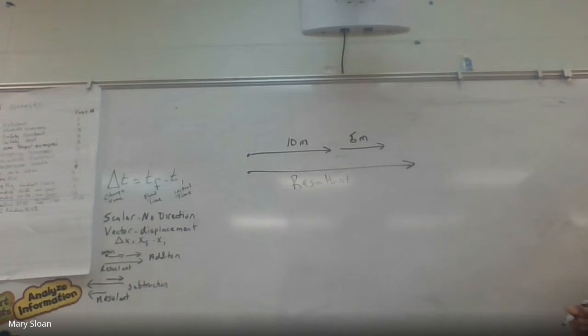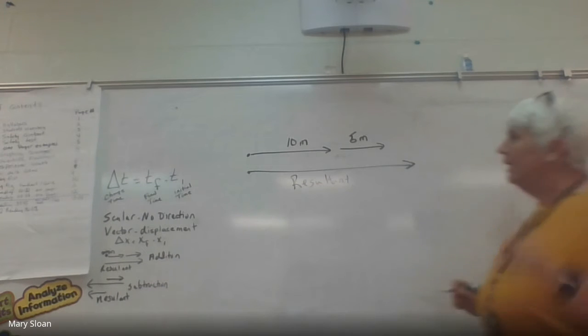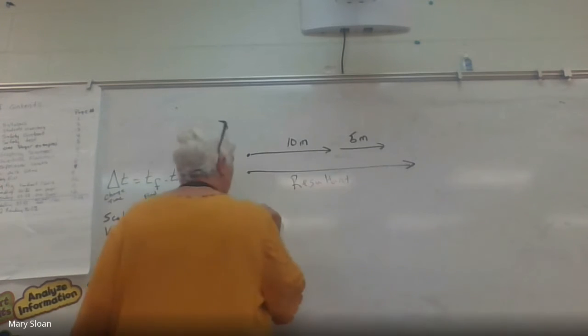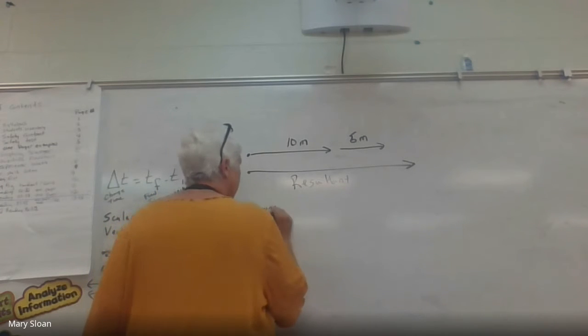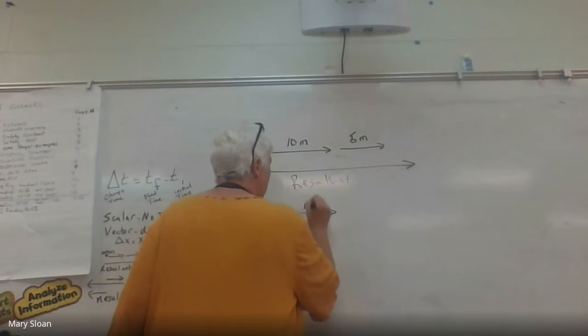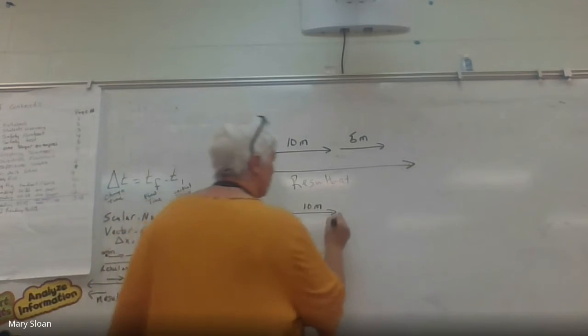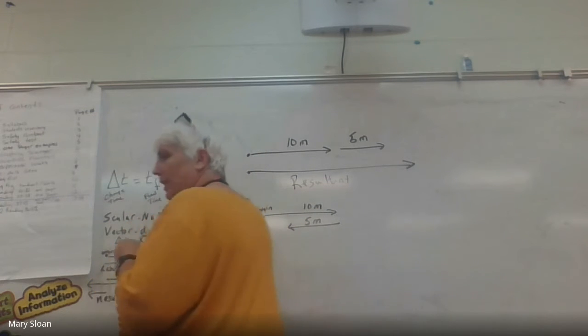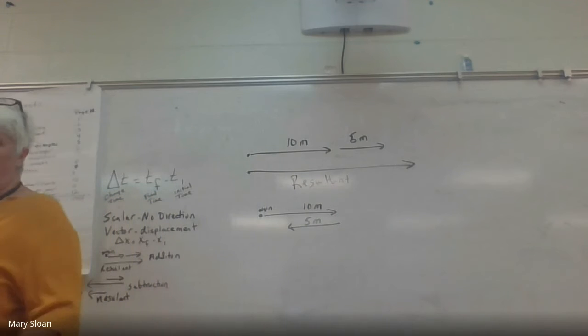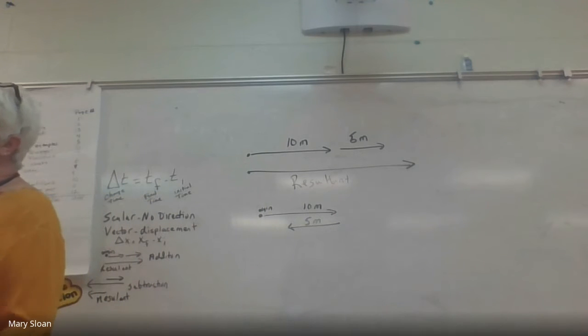Do you understand? The next thing, it was telling you, say the person's here. This is the origin. They walked 10 meters that way, but they turned back around and walked 5 meters that way. Now, my resultant wouldn't be the whole thing, would it?